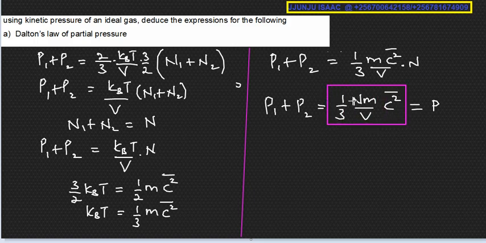Remember, N is the total number of molecules, m is the total mass, and this volume is constant. So this stands for the pressure, which is representing Dalton's law of partial pressure. So P1 plus P2 is equal to P. So this is what we have got. That is how we derive the expression for Dalton's law of partial pressure.